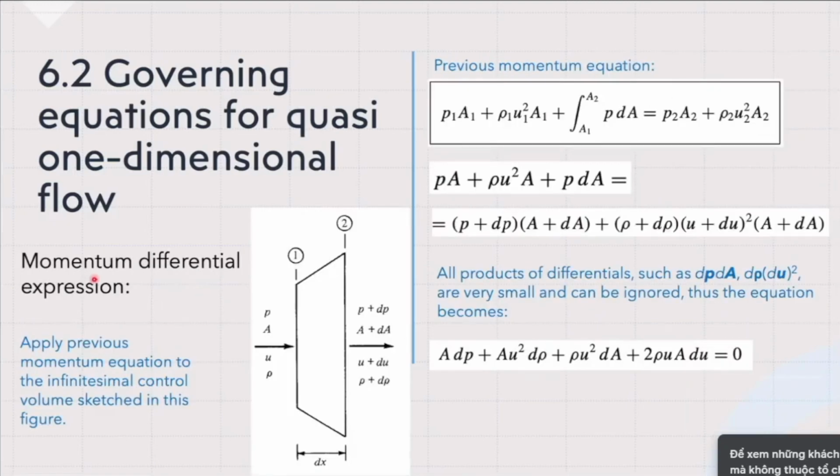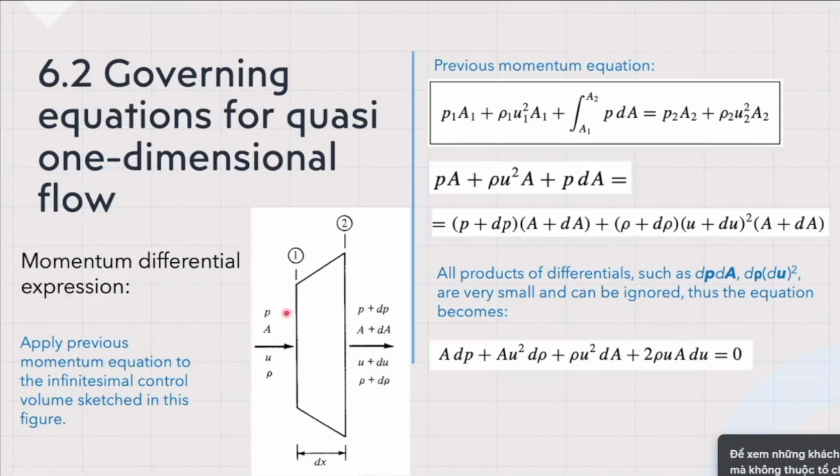With regard to the momentum differential expression, right, just now was the continuity differential expression. Now we look at the momentum differential equation. Applying the previous momentum equation to the infinitesimal control volume sketched in this figure, right?